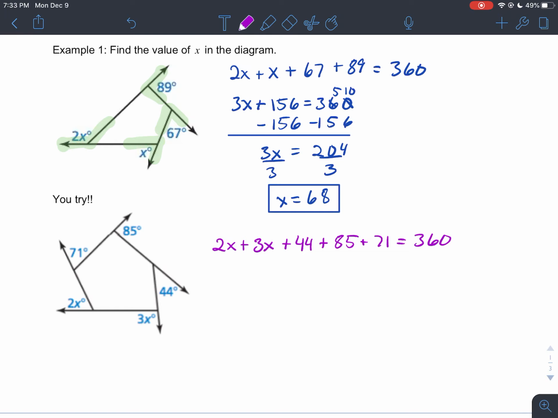And all right, so 2x plus 3x is 5x. And let's see, 44 plus 85 plus 71 is 200. Okay, so 5x plus 200 equals 360. Subtract 200 from both sides.